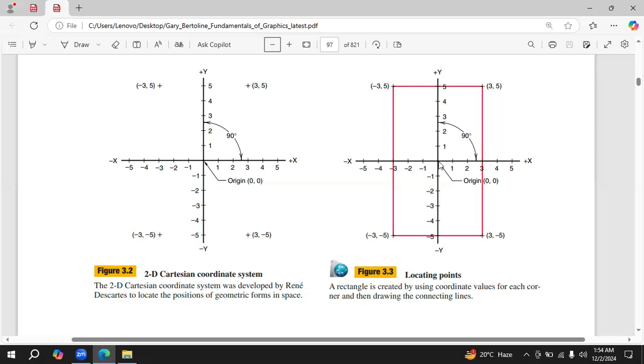And likewise, if you cover distance towards the left from the origin point by 3, it will be taken as minus 3 on that axis. If you go upward, the distance will be positive, whereas if you go downward, the distance will be taken as negative. So these 3 and 5, which you can see on your screen, are basically distances from the origin point that we know as the reference point.